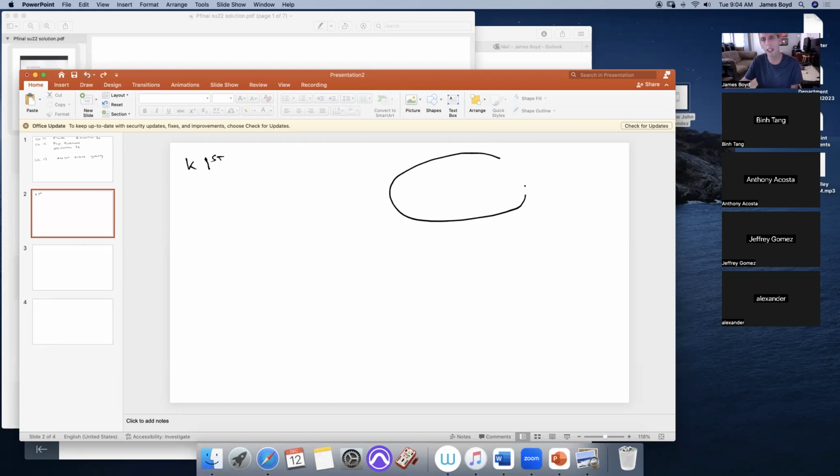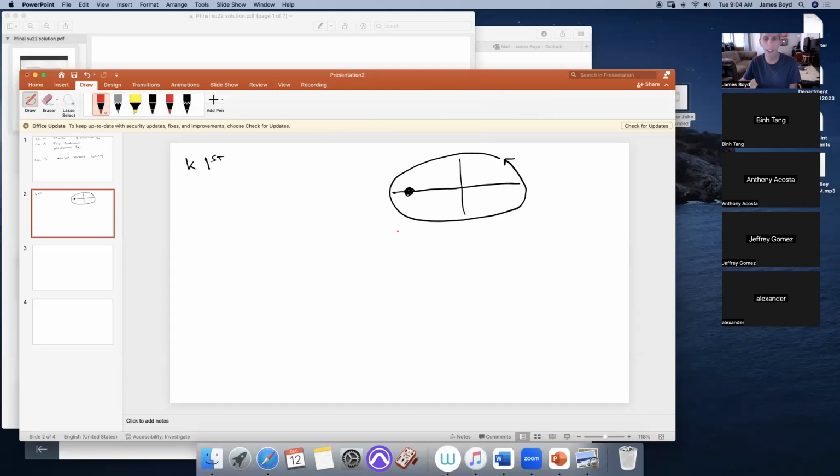So the planets go around the sun in ellipses, and the sun is at what we call a focus. This distance and this distance are little a, which stands for the semi-major axis. This distance from the sun to the center is E times a, where E is the eccentricity.